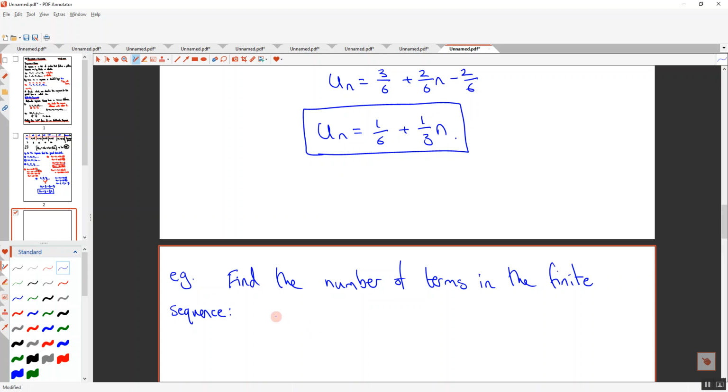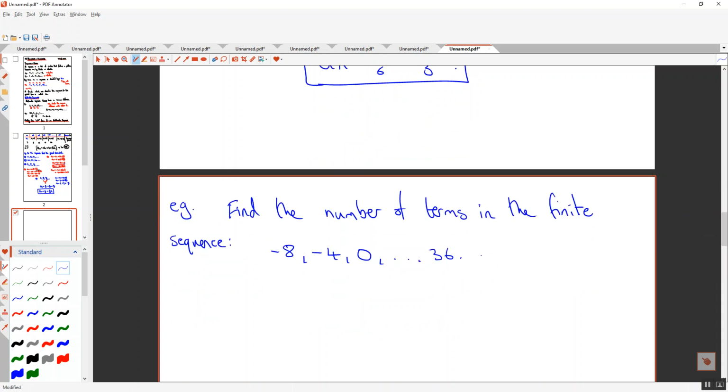So the number of terms in this sequence, I've got -8, -4, 0, ... 36. So how many terms are in this sequence? Now, the thing with these questions, if you use the formulas, you are always going to have a good chance of getting these correct. So start with your formula and then put everything in that you know, okay?